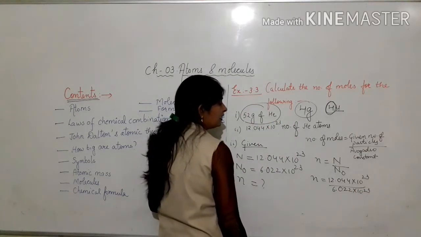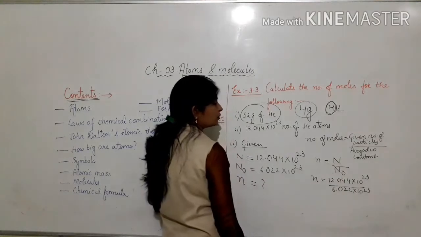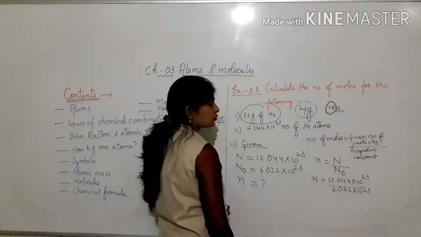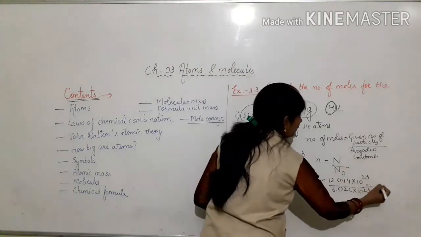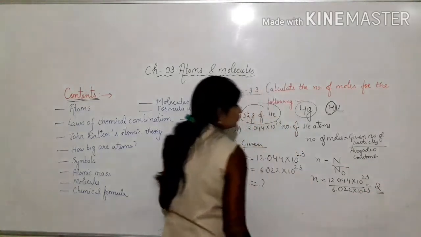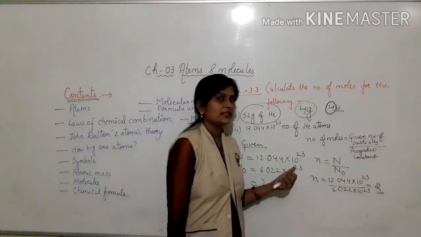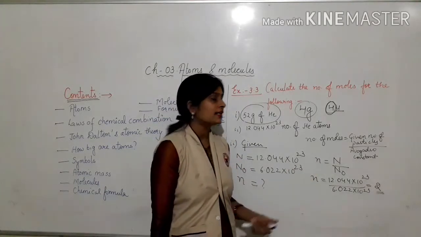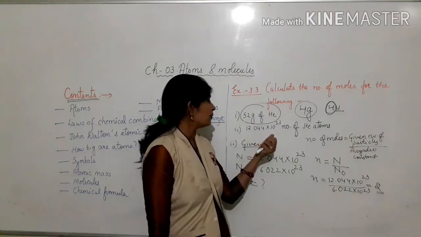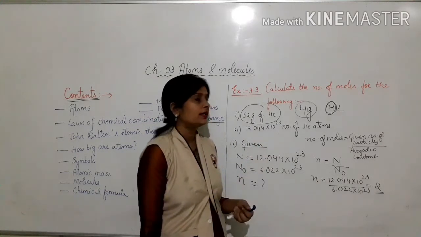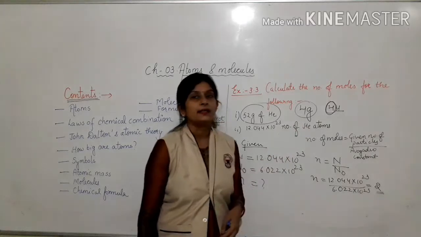Okay, divide 12.044 × 10^23 by 6.022 × 10^23. We will have the value 2. So what is the number of moles? That is 2. So 2 moles are present in 12.044 × 10^23 helium atoms.